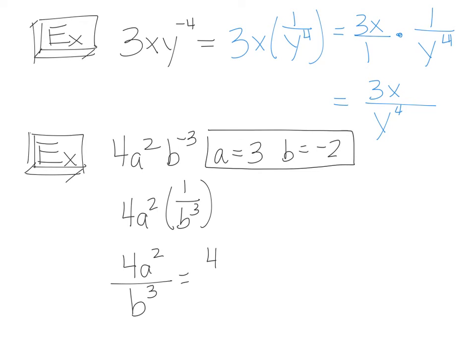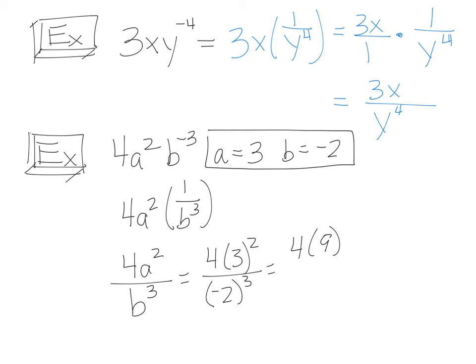So 4 times a, which is 3, squared, over b, which is negative 2, with a 3 as your exponent. I'm going to go across. That's going to be 4 times 9. You can't multiply 4 times 3 first. You have to do the exponent first.